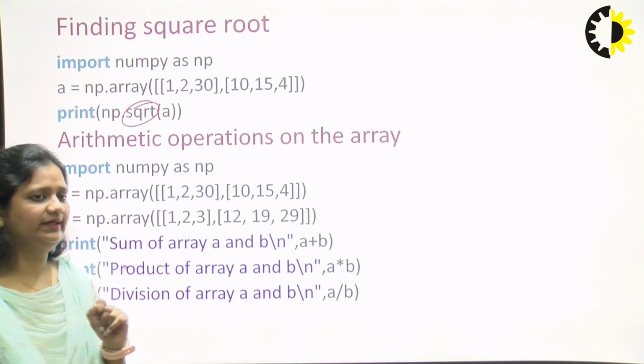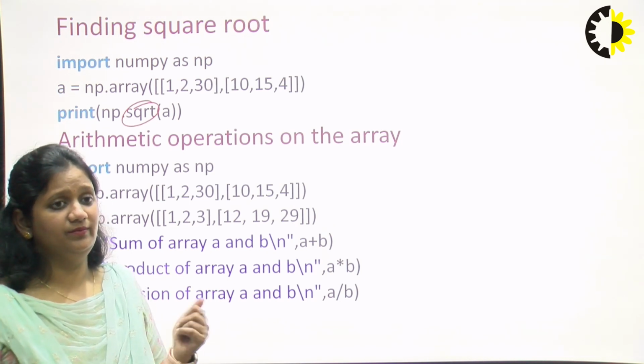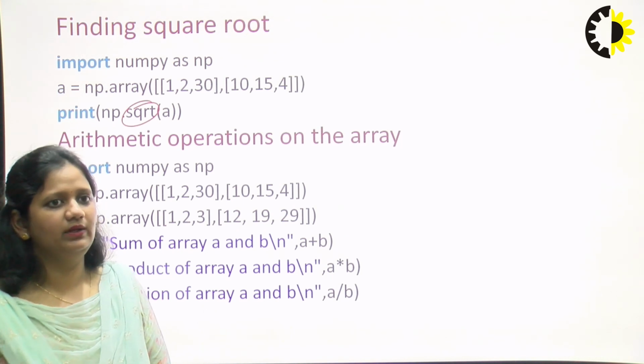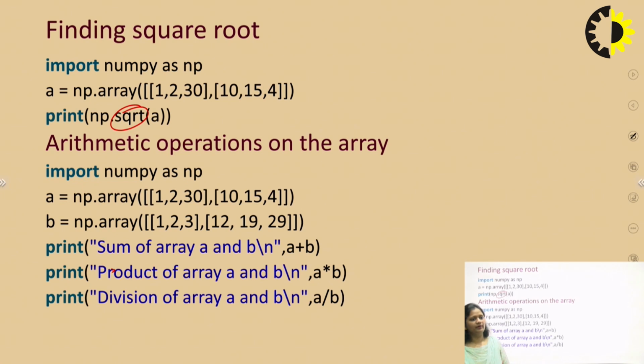Now let us consider another program in which we have to perform arithmetic operations on arrays. If we want to perform arithmetic operations, addition, subtraction, multiplication, division, what will be the code of the program? What will be the steps? First, we have to import numpy.